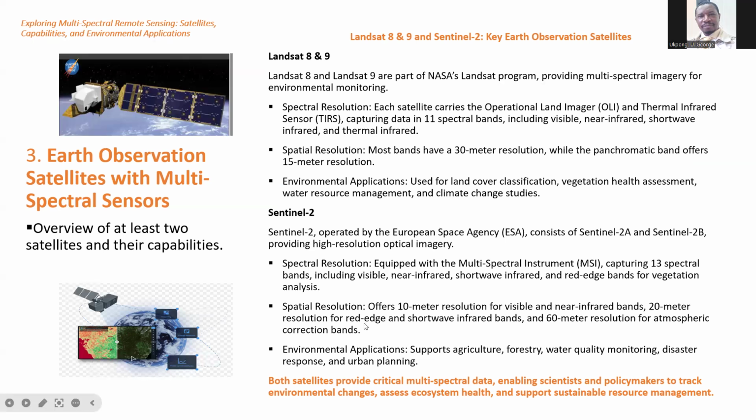The Sentinel-2, on the other part, is operated by European Space Agency, the ESA, consists of Sentinel-2A and 2B, providing high-resolution optical imagery. In their spectral resolution, they're highly equipped with multi-spectral instruments, and they offer 10-meter resolution for visible and near-infrared bands, etc., for spatial resolution.